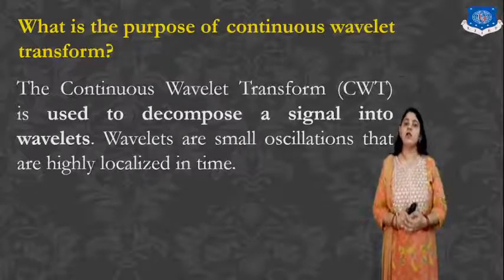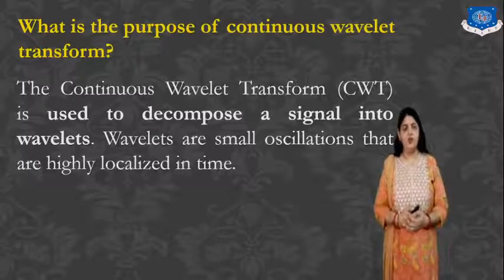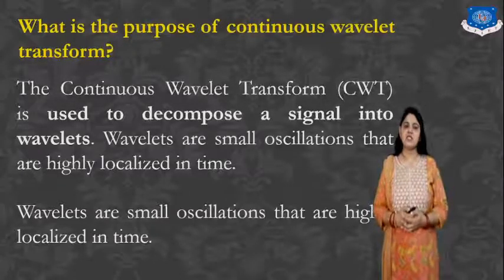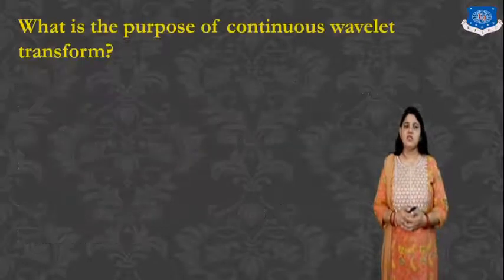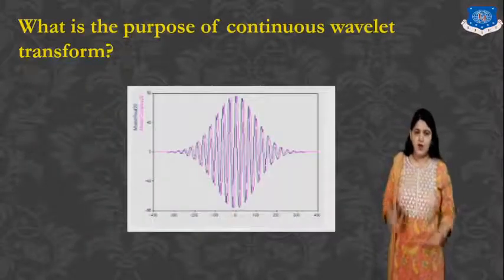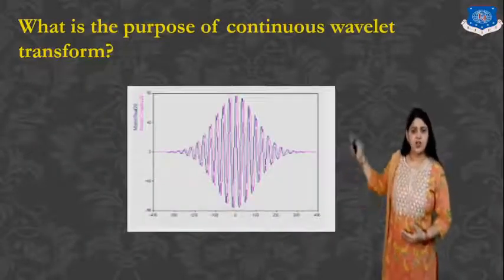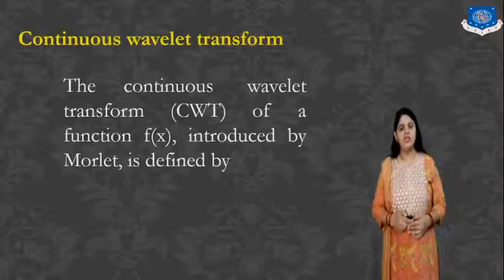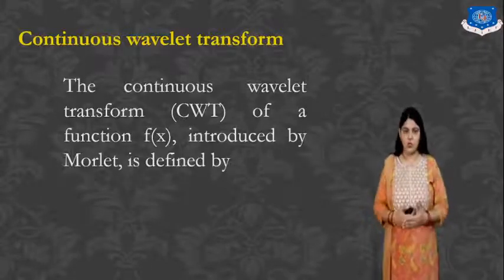But now we need a continuous wavelet transform which gives small oscillations localized in time. This continuous wavelet transform gives the information in both the time as well as the frequency domain.